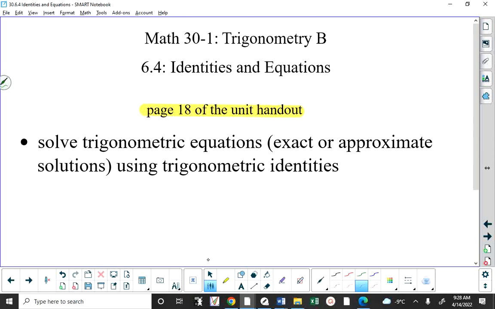And we already know how to work with identities, recognizing, for example, as Shazmaida did, that 1 minus 2 sine squared of x is the same as cos of 2x. We're just putting this together now.